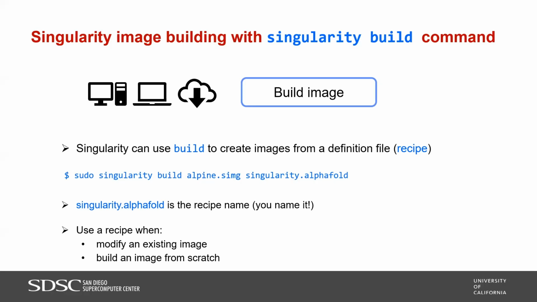And if you look at the Singularity manual, you might be told to use a recipe when you wish to modify an existing image, or when you want to build an image from scratch. That means the software you want to use is not available on Docker Hub or anywhere else.